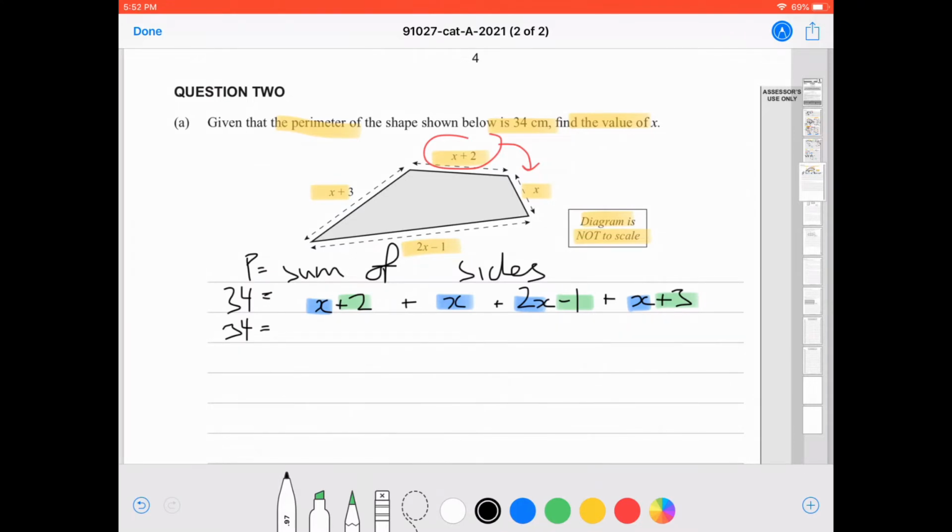Looking at our x's, we've got 1, 2, plus 2 is 4, plus 1 is 5, so it is 5x. And our single digits: 2 minus 1 is 1, plus 3 is 4. So that's plus 4.